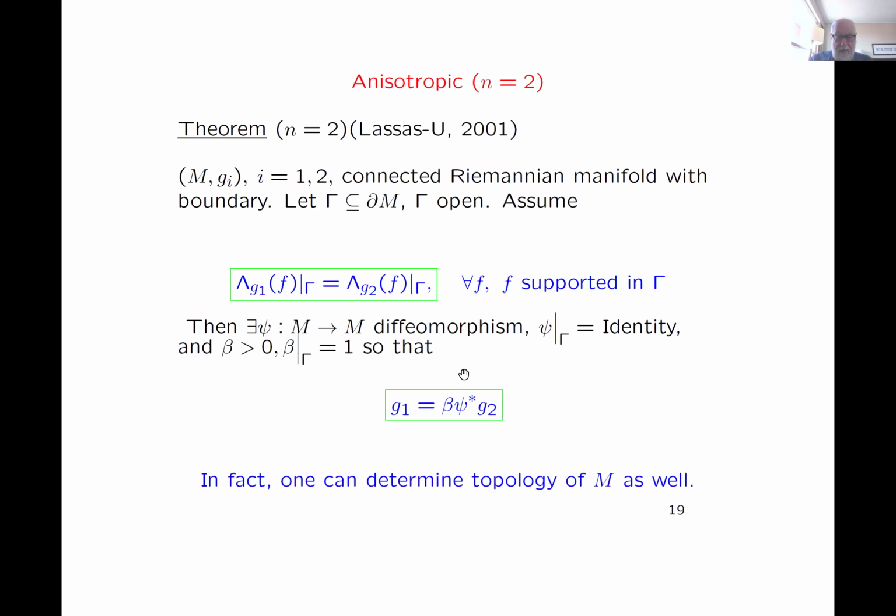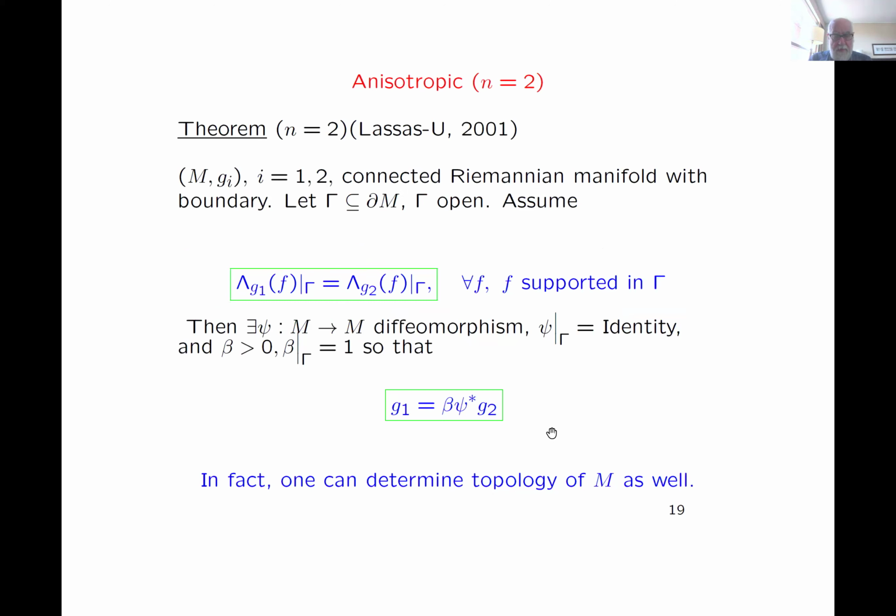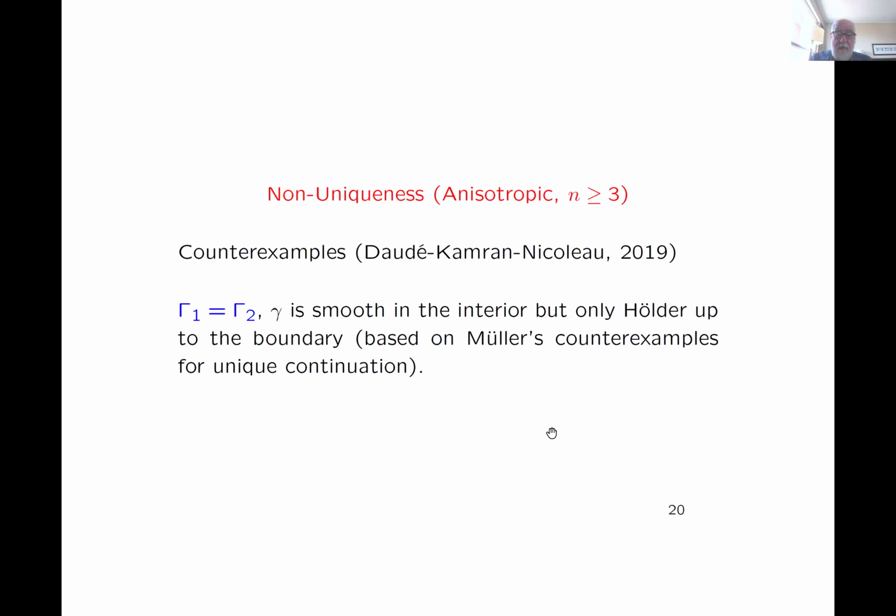So you can prove, in fact, that those are the only obstructions, and you can recover the topology of the manifold as well. So in dimension 2 the problem has been solved, at least in the C infinity category for manifolds.